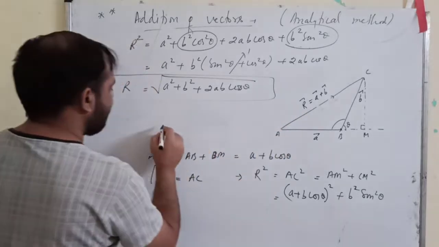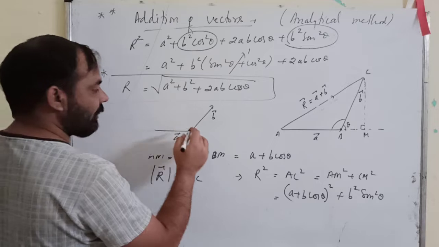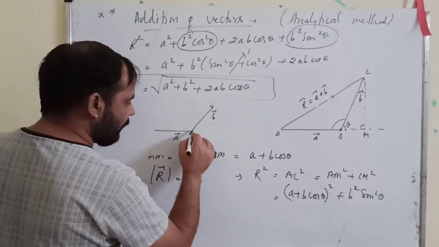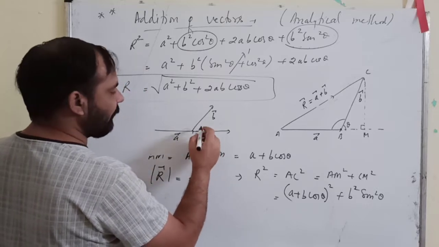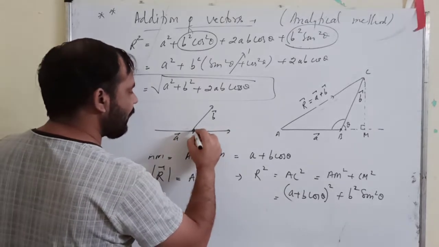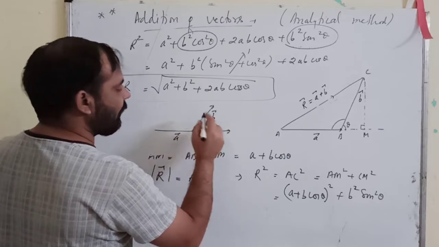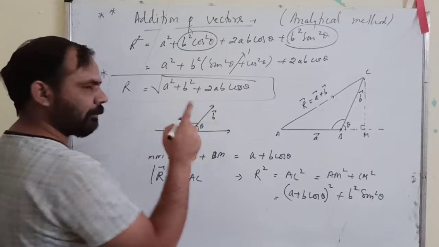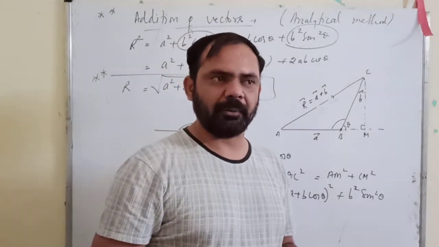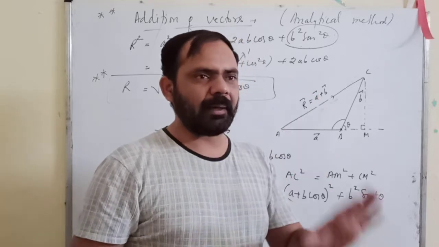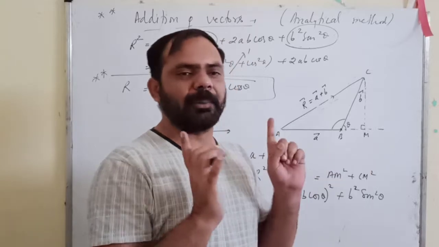So here, if this is your vector A and this is your vector B, then the direction is not this, the direction is this one, right? You make the vectors either coinitial or coterminal. So now they are coinitial, so this is your angle between the vectors, not this one. Correct? Always remember that if you are asked to find the angle between the vectors, you make the vectors either coinitial or coterminal, and that angle will be the angle between the vectors.